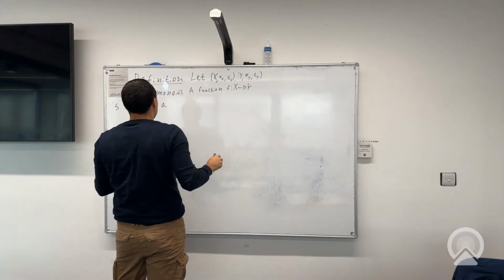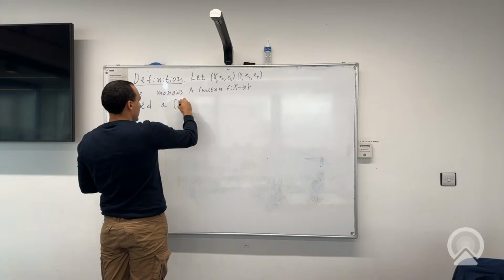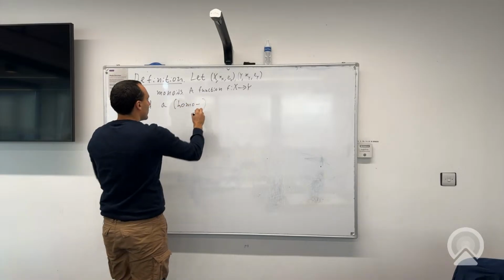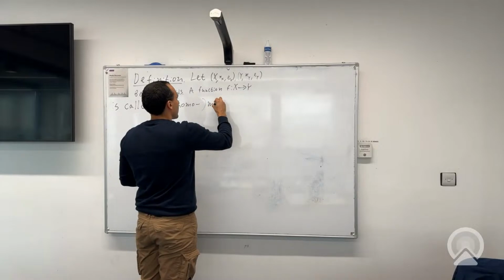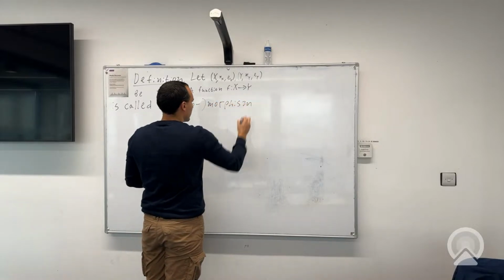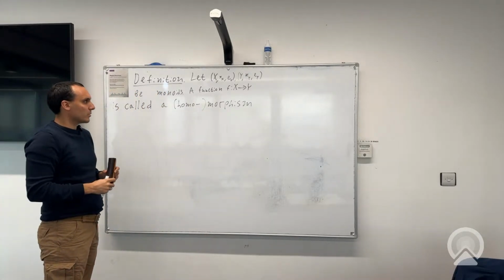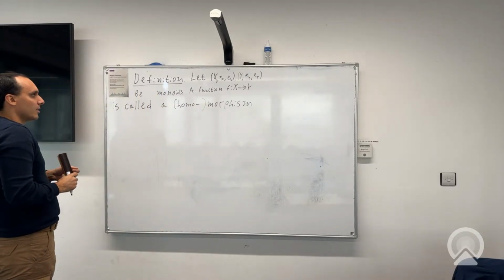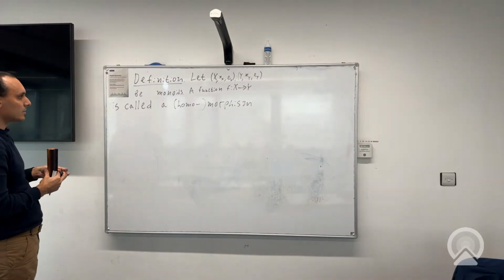Sometimes, especially in category theory, they don't put the homo prefix, so you can use homomorphism or just morphism. Morphism comes from the Greek word morphos, which in English is the word form, something that doesn't change form in some sense.